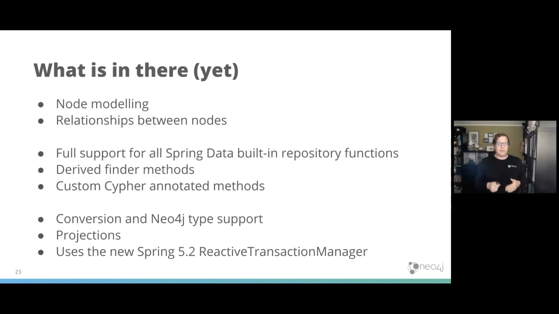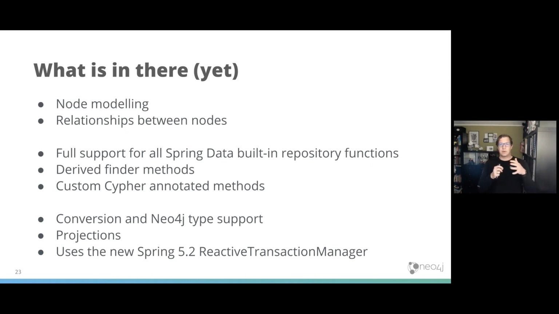So what do we have right now in SDN-RX? Of course we have node modeling in there, and we have the relationship support. We have all the built-in functionality, like the CRUD functionality that is provided by every Spring Data module, implemented. Also, the derived finder methods, we will also see them, and custom Cypher annotated methods.